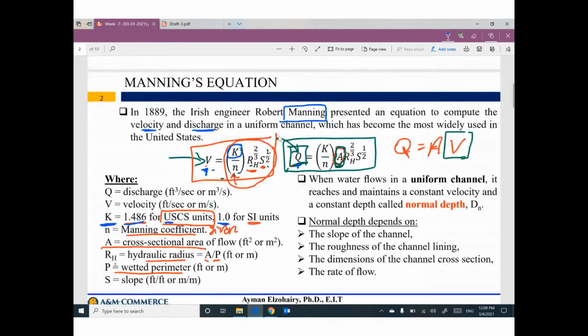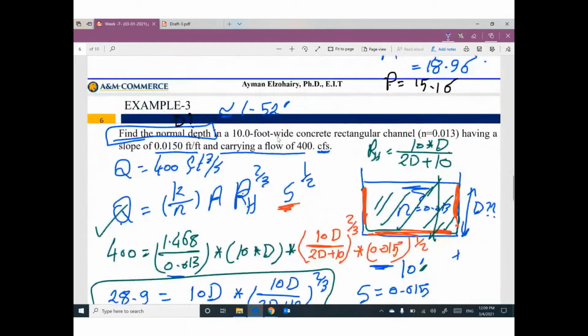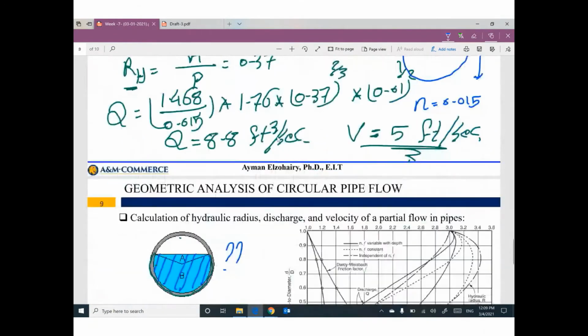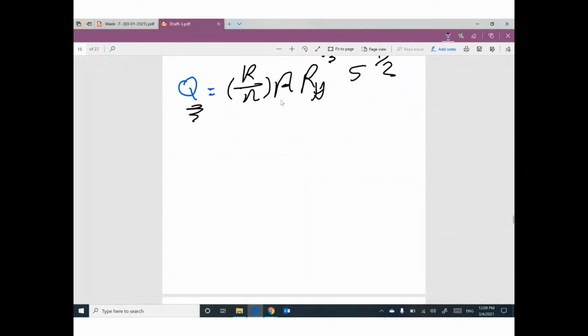Last meeting, we covered many examples. Two of them were, just a reminder, hydraulic radius, which equals area divided by wetted perimeter.